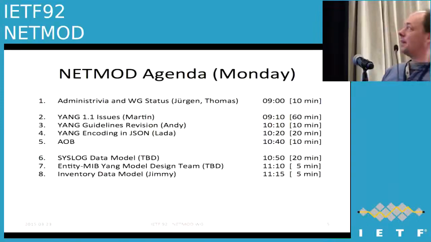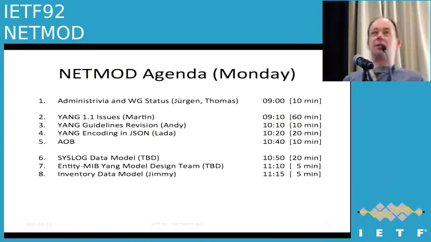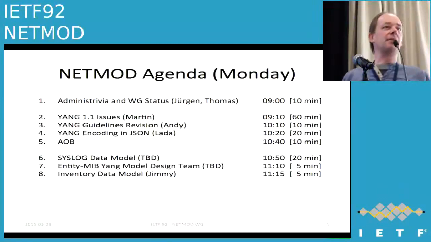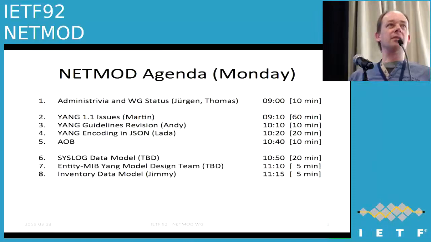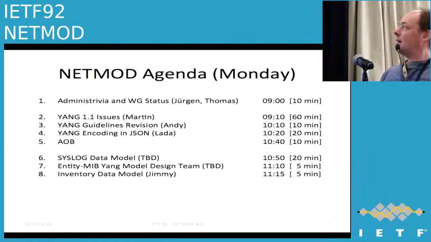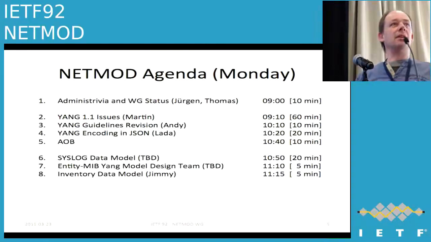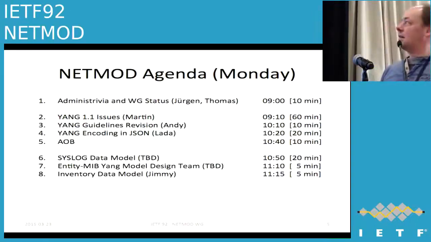Agenda for today, administrative things, that's what we're currently doing. We then go on to Yang 1.1, something that we started about a year ago, which we should ideally wrap up soon. The Yang guidelines revision, that is coming along with the new Yang version.